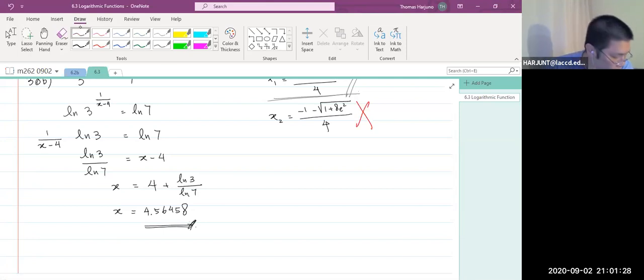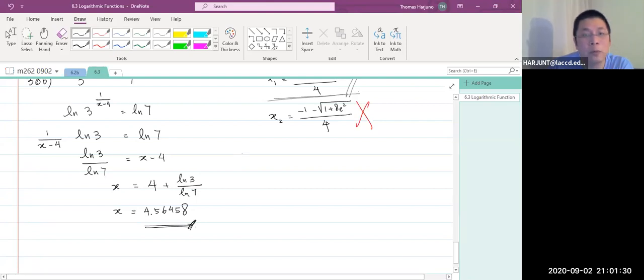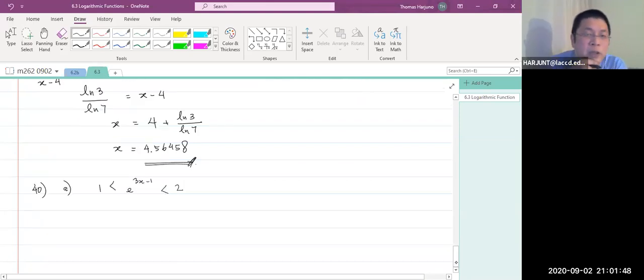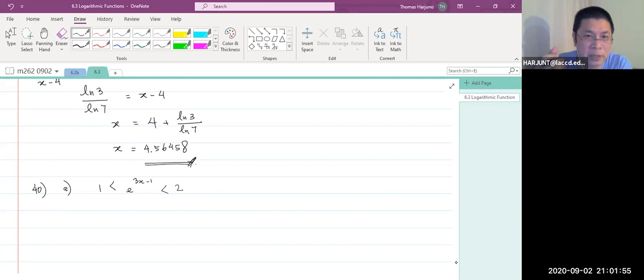Furthermore, how to deal with inequality, number 48. We have 1 less than e to the (3x minus 1) less than 2. Now remember, exponential function is a one-to-one function, and it is increasing if the base is greater than 1.